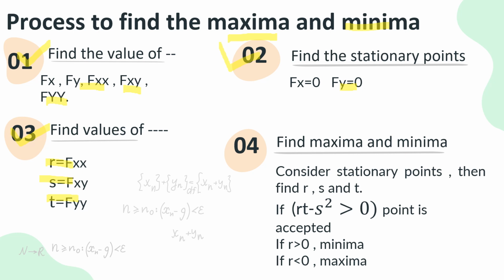Now consider the stationary point, find r, s and t, and put these values in this equation. When r t minus s squared is greater than 0, then this point will be accepted. When r is greater than 0, we get the minima point, and when r is less than 0, we get the maxima point.